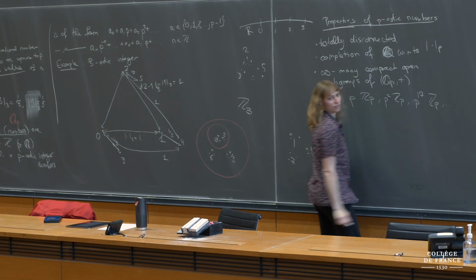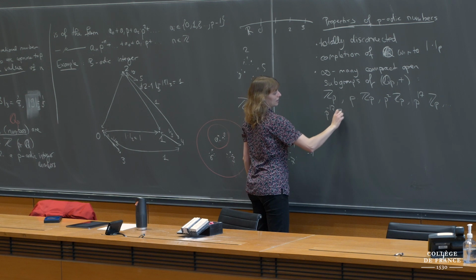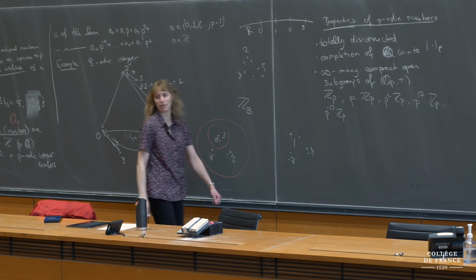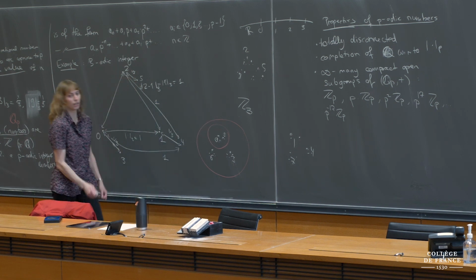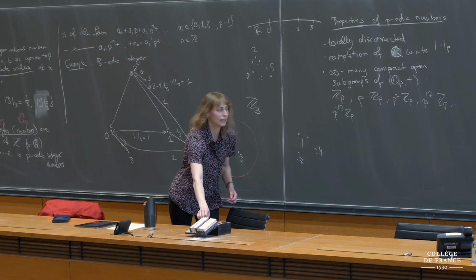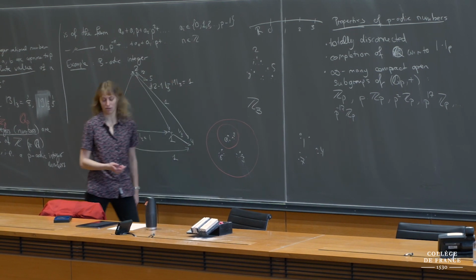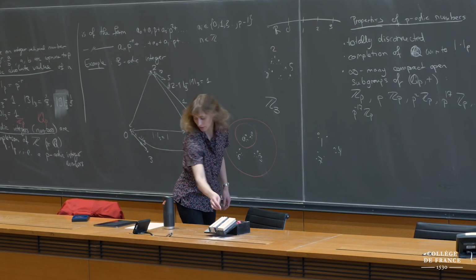All these are compact open subgroups. I can take also p to the minus 17 times Z_p, also a compact open subgroup. So I can take smaller and smaller circles around the identity 0 and get tons of compact open subgroups. In particular, I get a basis of neighborhoods that way. And that will be very important when we study p-adic groups.